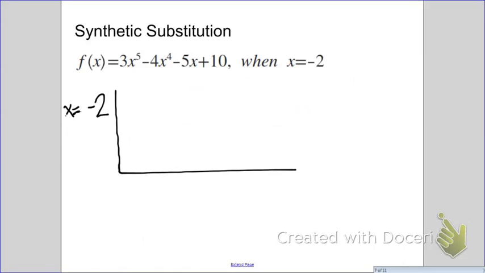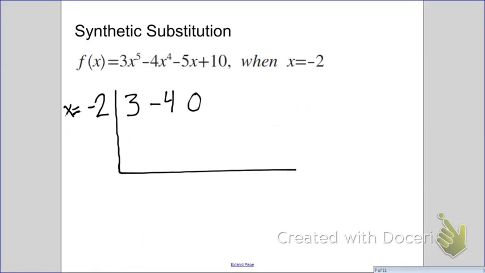-2. Now we're going to list out all the coefficients, the numbers in front of the x's. The highest degree I see in this polynomial is power of 5. Its coefficient is 3. Then after 5 is power of 4. That coefficient is -4. Then power of 3, I don't see it, 0.